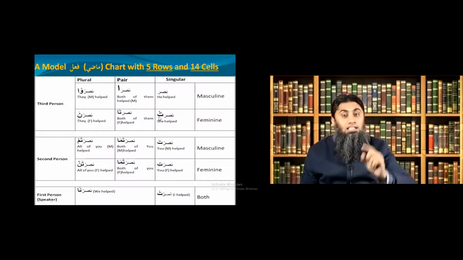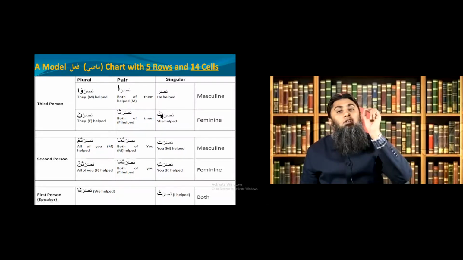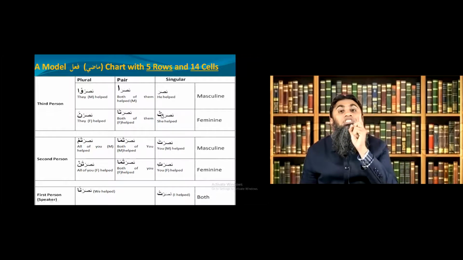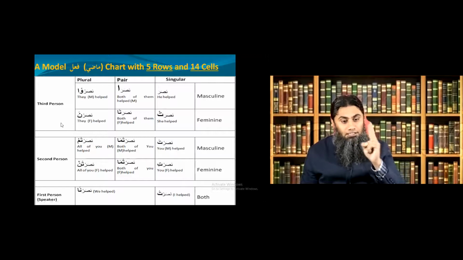We discussed this in our module 1. So whenever you see a fi'l madhi that is ending with ta with sukoon, you know that this time the doer of this action is she. And if it is ending with ta and alif, it means once again the doer is female, but now it is two females in third person.